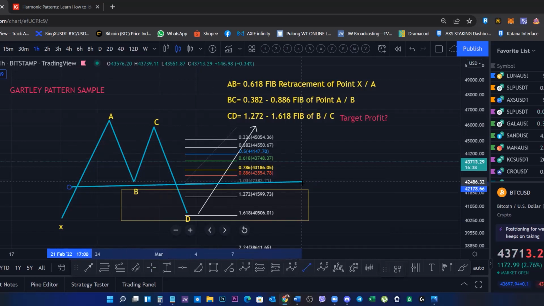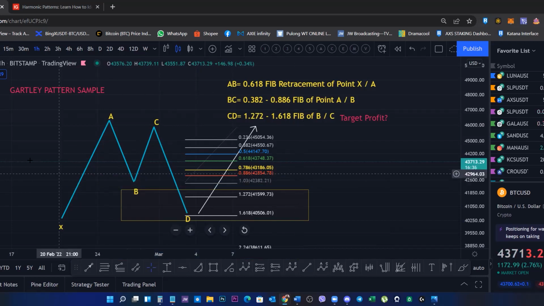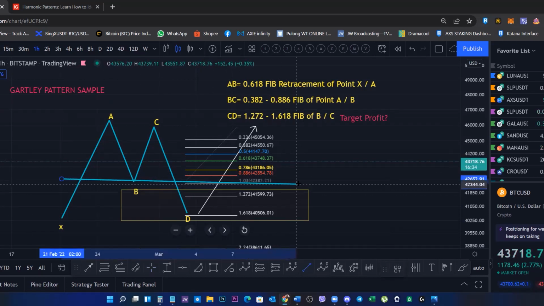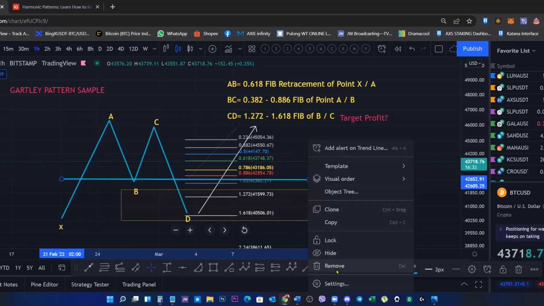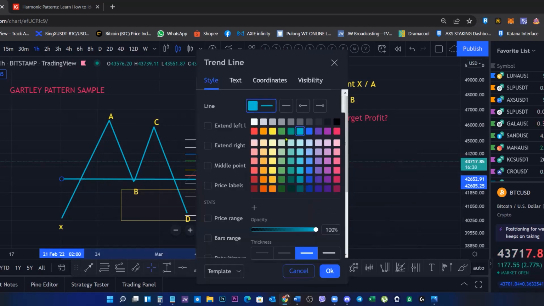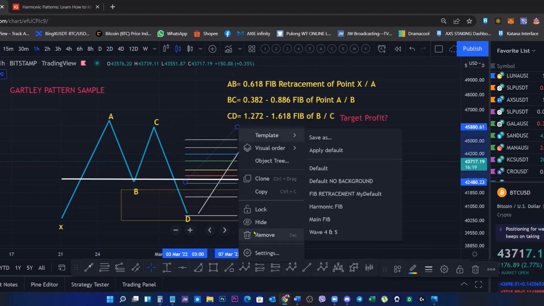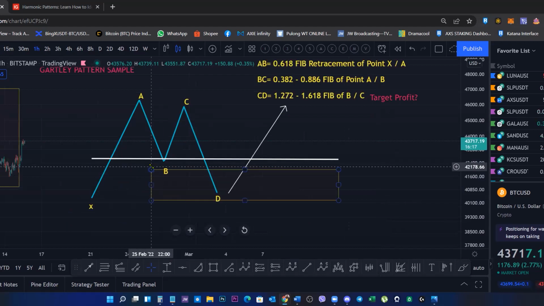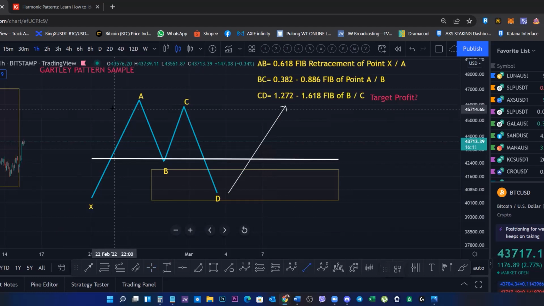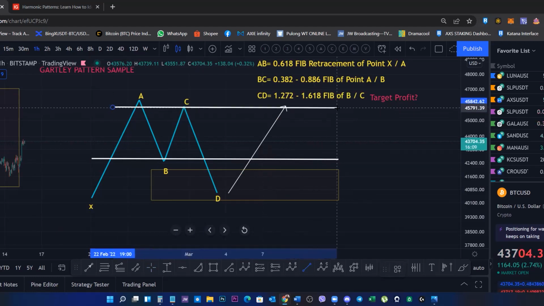This is normally the take profit of others. We'll just change the setting here to white, and we will remove now my Fibonacci. So this is the target, our TP1, target 1. And some have a target on C, target 2.